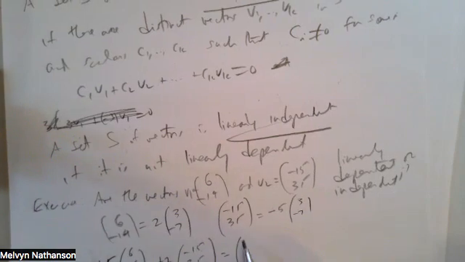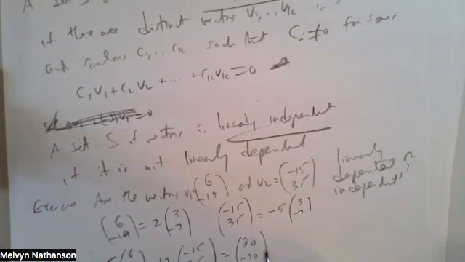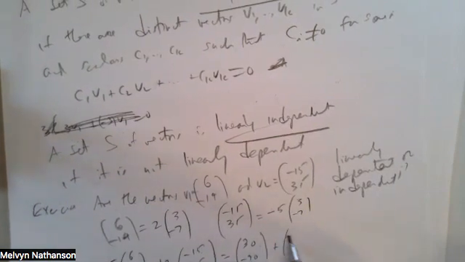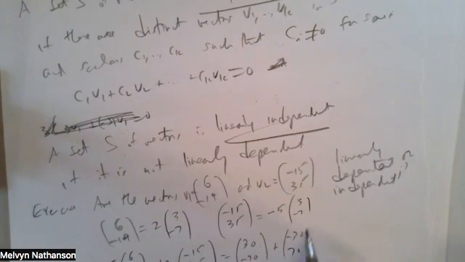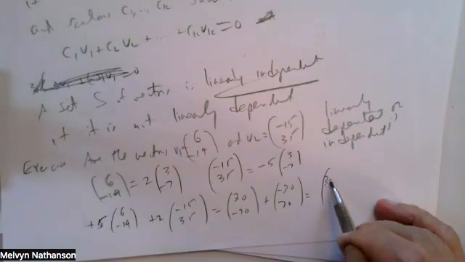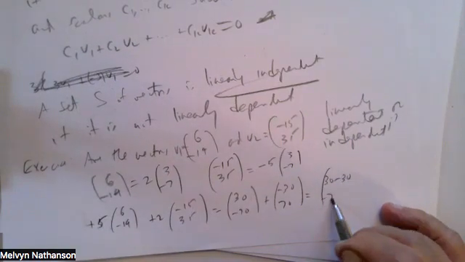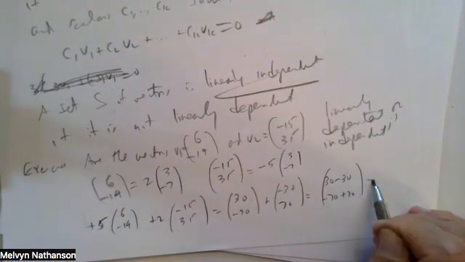This is the vector (30, -70), and this is the vector (-30, 70). And when I add, I get 30 minus 30, minus 70 plus 70, which is (0, 0).